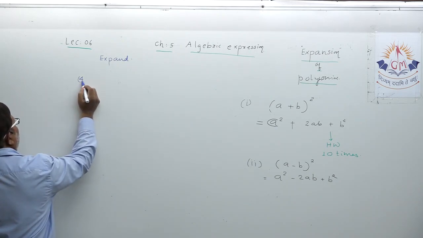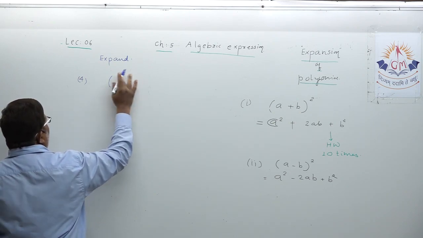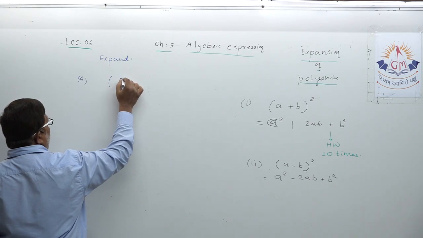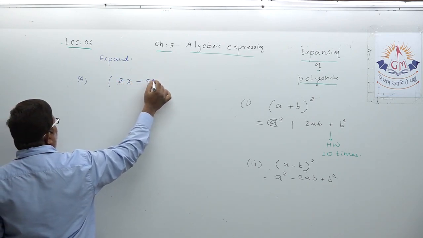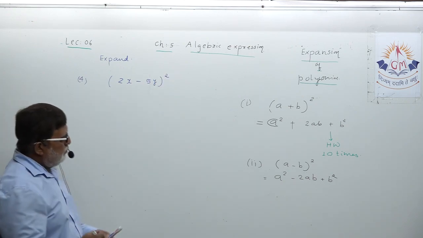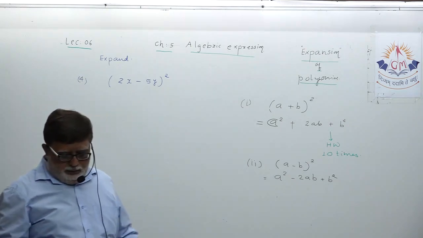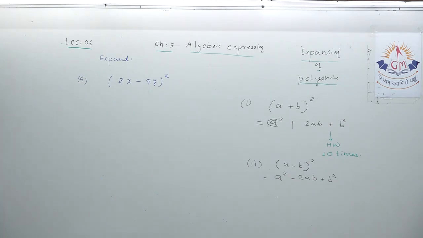Example number 4. Suppose you are given 2x minus 5y whole square. Dear student, we have already practiced the formula of a plus b whole square.